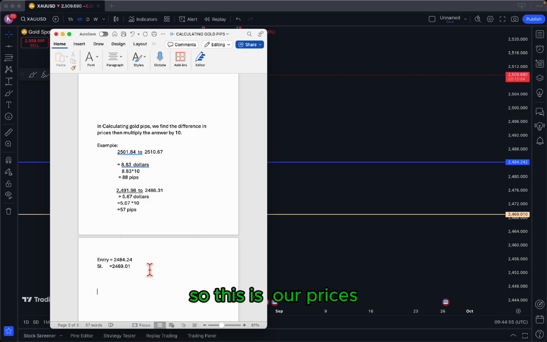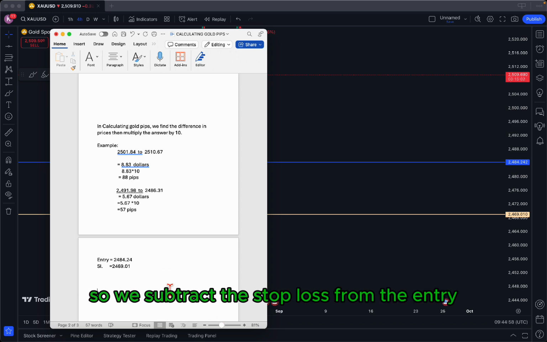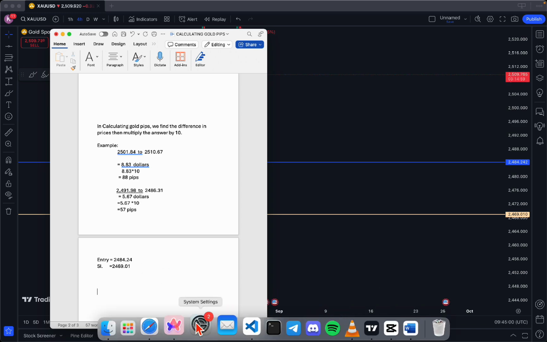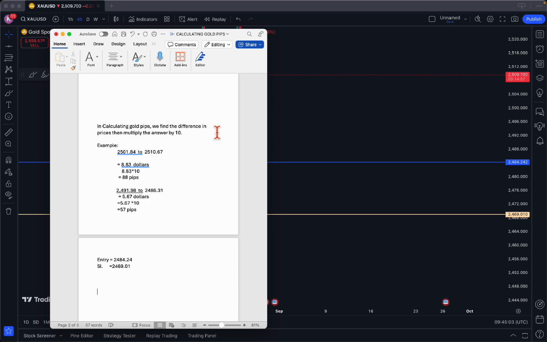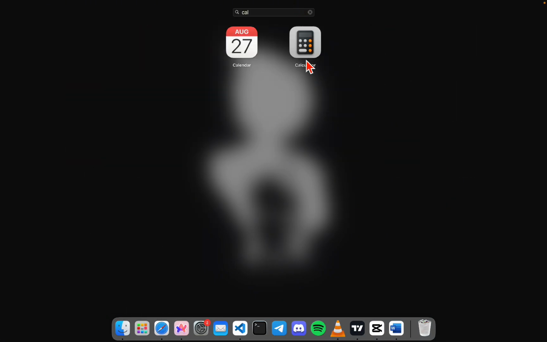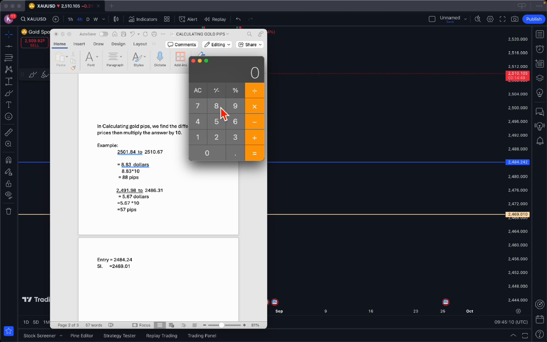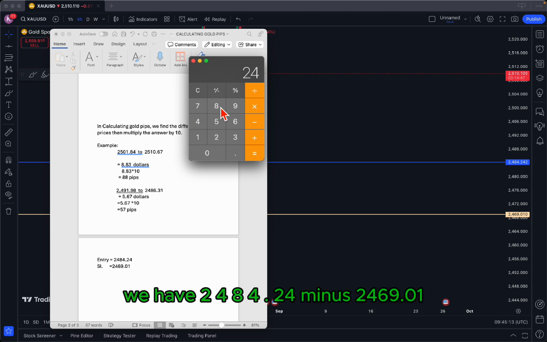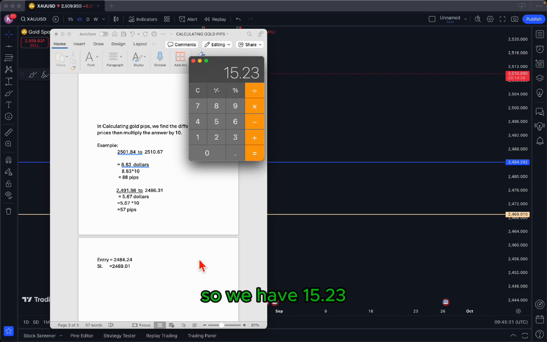So these are our prices. So we subtract the stop loss from the entry. We have 2484.24 minus 2469.01. So we have 15.23.